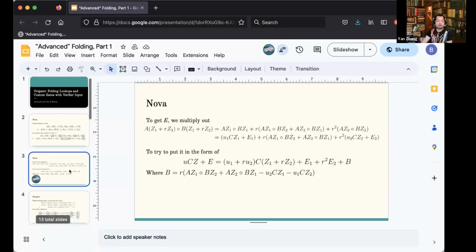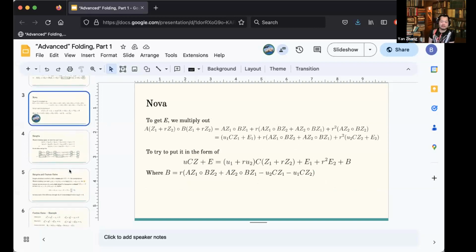Now it's actually just how to solve for it, which is an algebraic problem. We multiply things out, and then you realize there's this r squared term that's roughly what we want, and then there's this r term in the middle. If we solve for what the error term is, the coefficient u's appear nicely as u1 plus r u2, which is what we wanted.